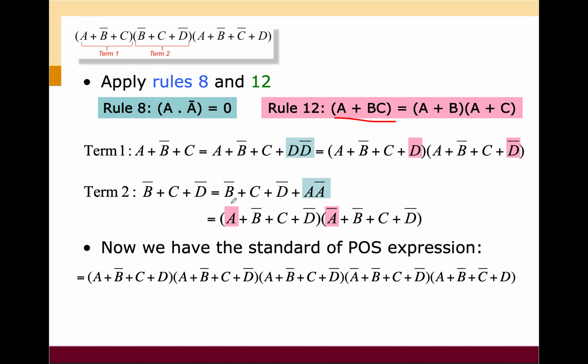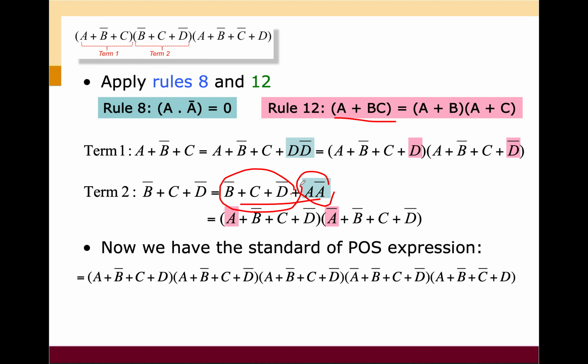So you will do A plus BC equal to A plus B factoring A plus C. So after you have this, you will do the factoring, which is this one and then this one.